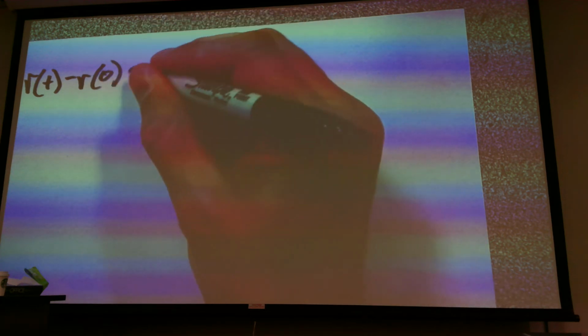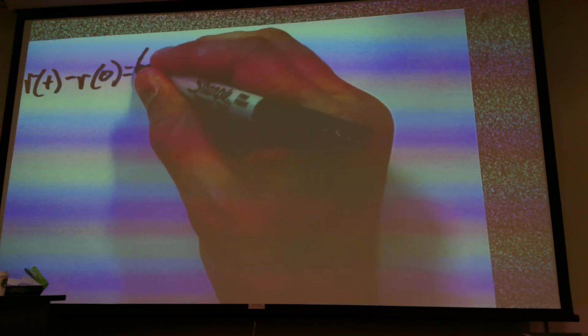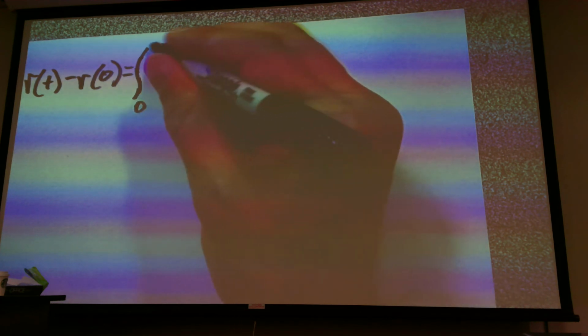Okay, so to the fundamental theorem of calculus, once again, we're going to say r of t minus r of 0 is going to equal the integral from 0 to t.